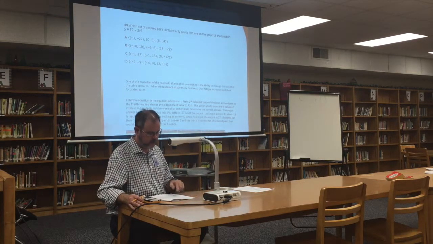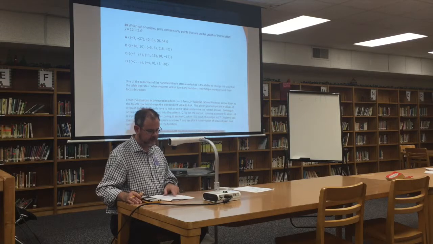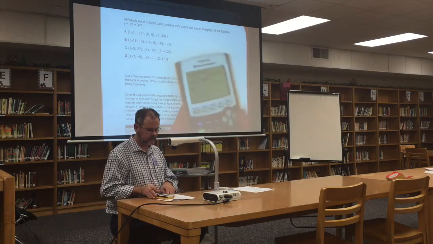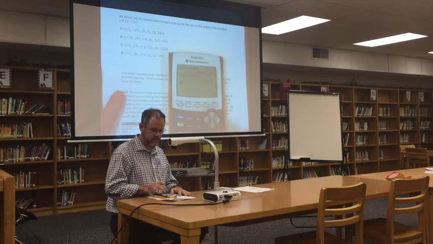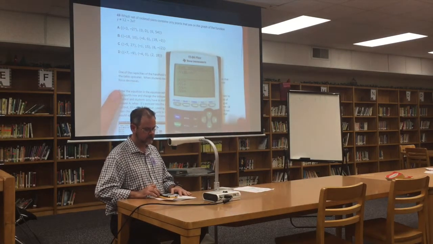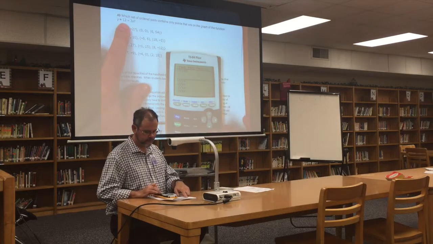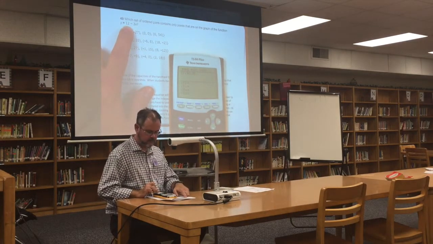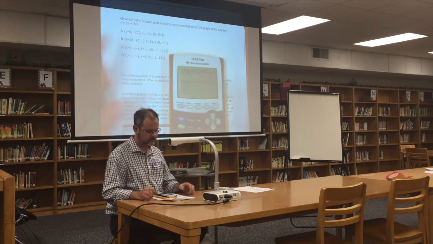There's another way of doing this. It says enter the equation in the equation editor, y equals. So go to y equals, and we're going to put in the equation 12 minus 3x.